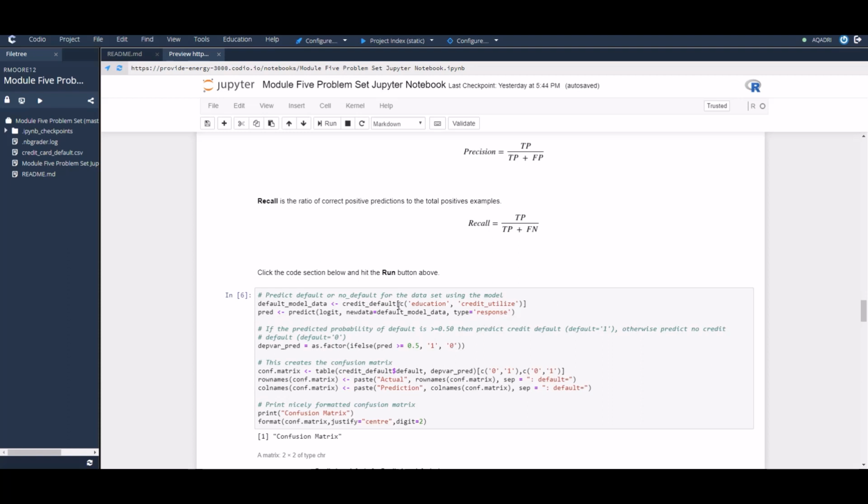So we take the two predictors, we create a subset, okay, and we do our predictions. The prediction is on the model that was just trained. And the new data, remember in the previous weeks, we used to create this new data, right?